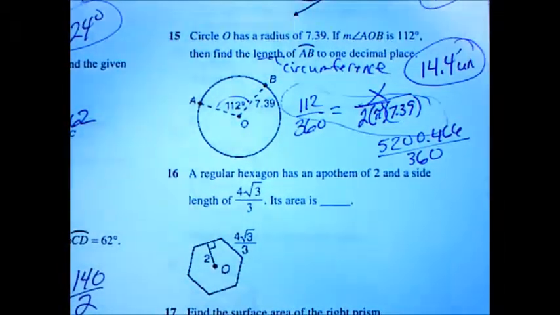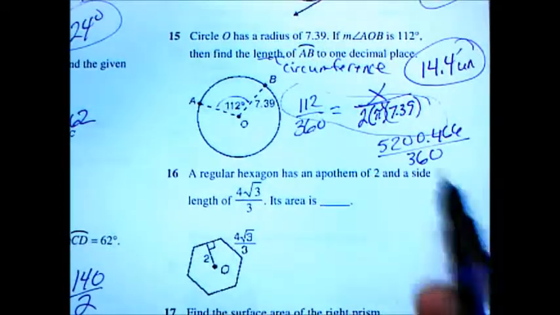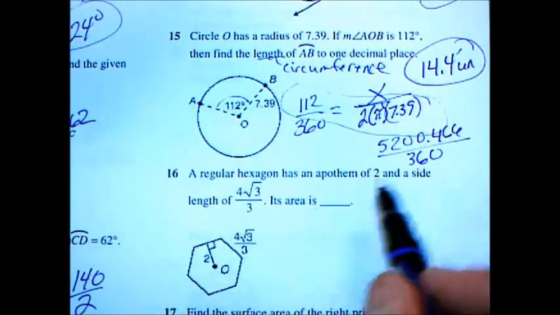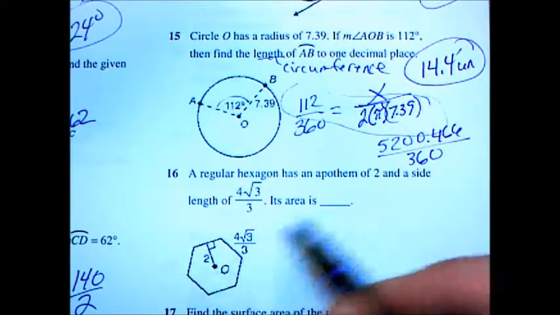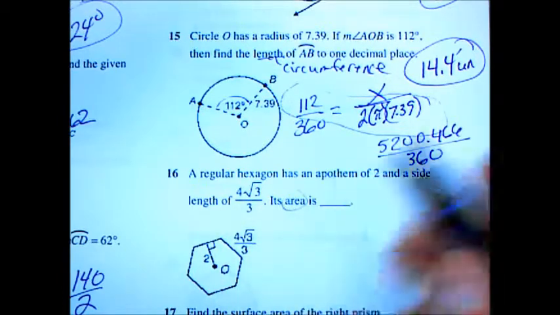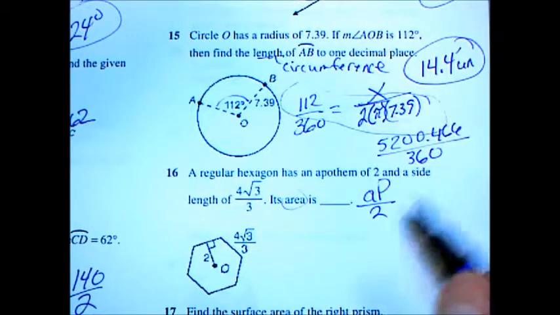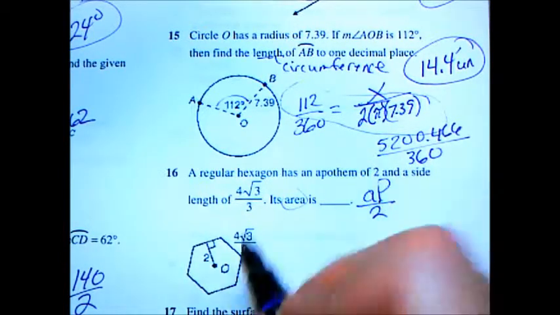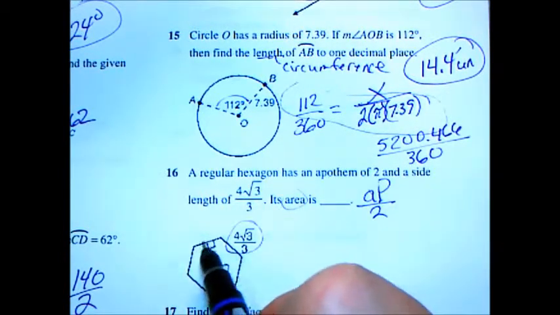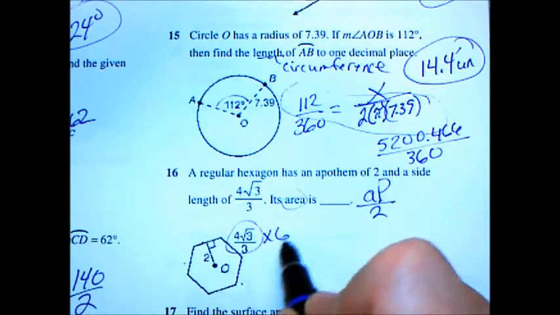Okay, on 16, we have an apothem of 2, and we want to find the area. That means I'm using AP divided by 2. So I need to find the perimeter. I'm going to take this value and multiply it times 6 to find my perimeter.